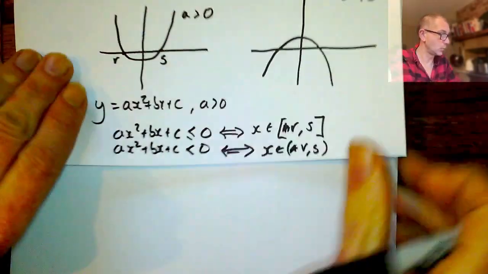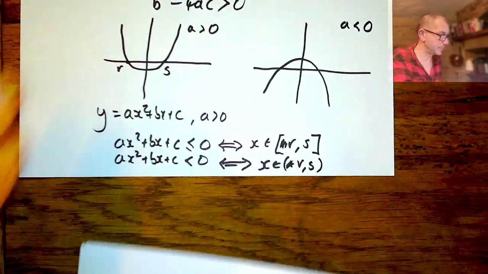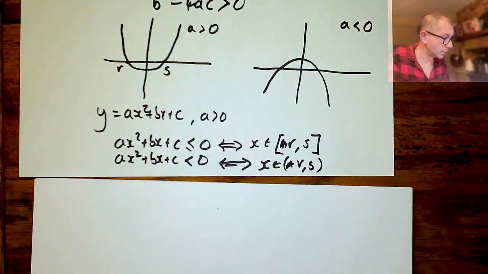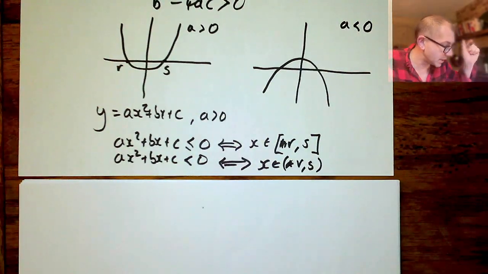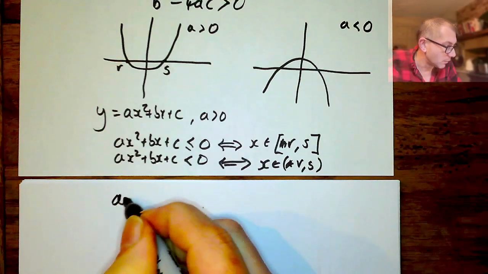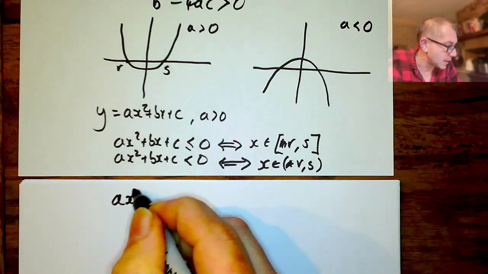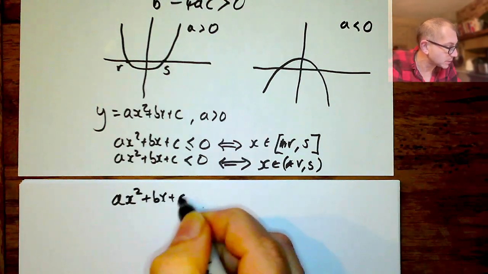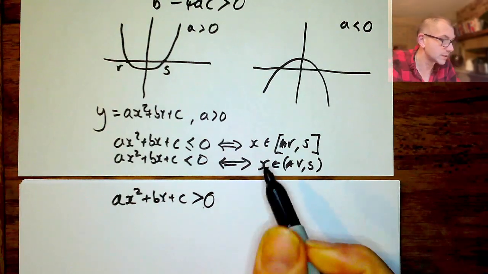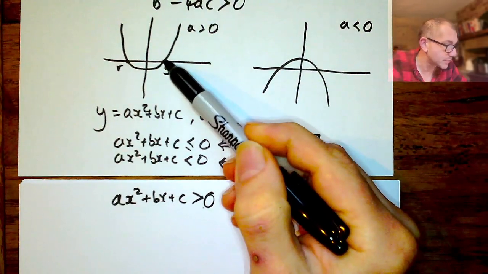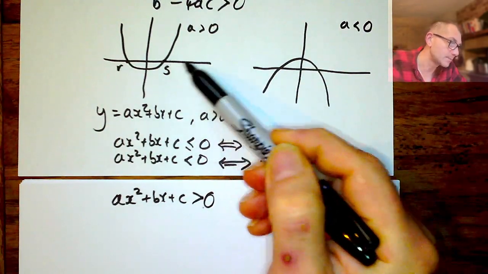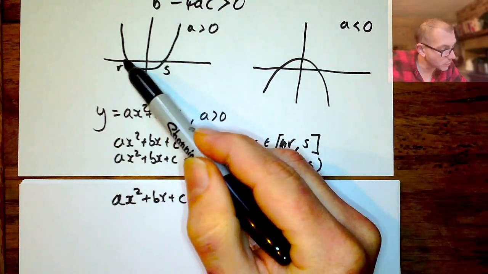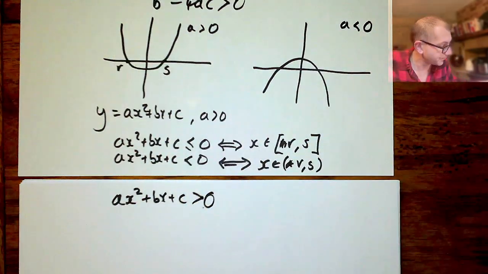And then there's one more. It's worth saying what happens if we're bigger than 0. I won't do bigger than or equal to, but if ax squared plus bx plus c is bigger than 0, when does that happen? Well, it happens either when you've got x bigger than s, or you've got x less than r.